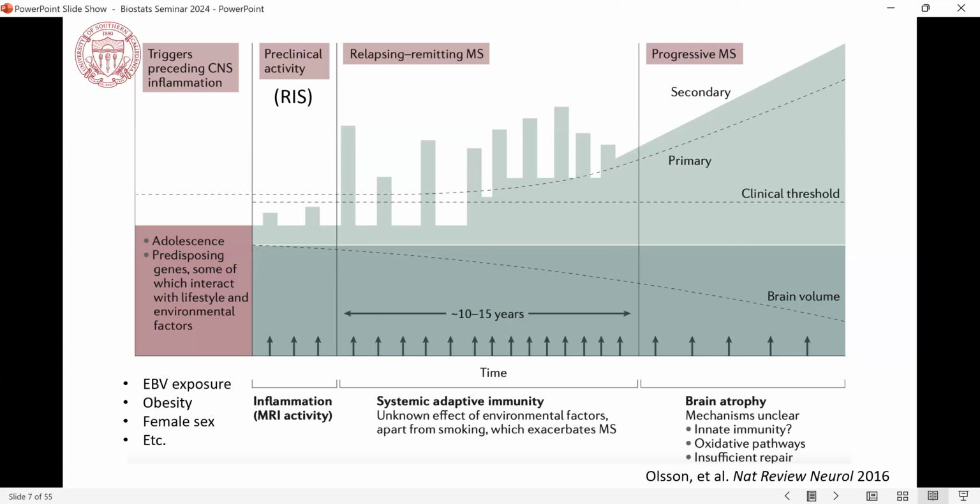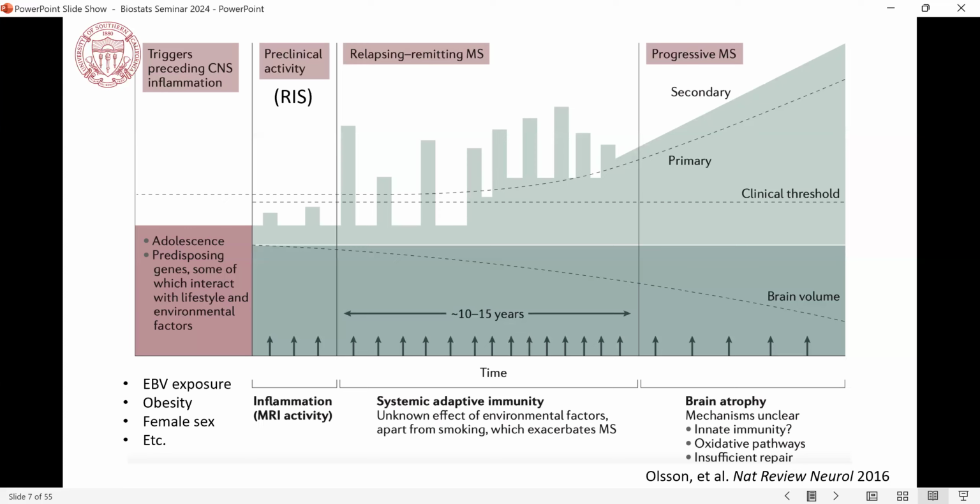The next phase is called relapsing-remitting MS. At that stage, the symptoms come on and off, usually lasting 10 to 15 years. That's the typical time when MS is identified, because there is clinical onset.